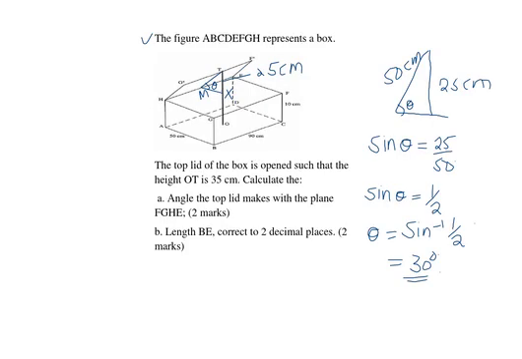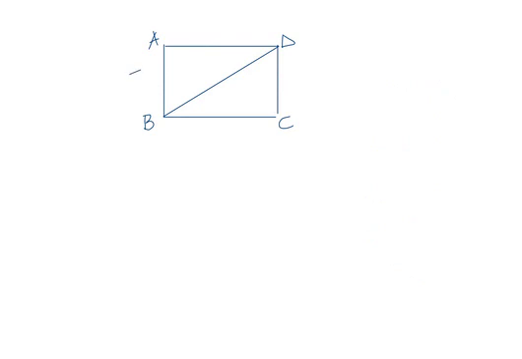And from the box we can see that the length AB is 50 centimeters and the length BC is 90 centimeters. So we have 50 centimeters, we have 90 centimeters. We apply Pythagoras to get BD.